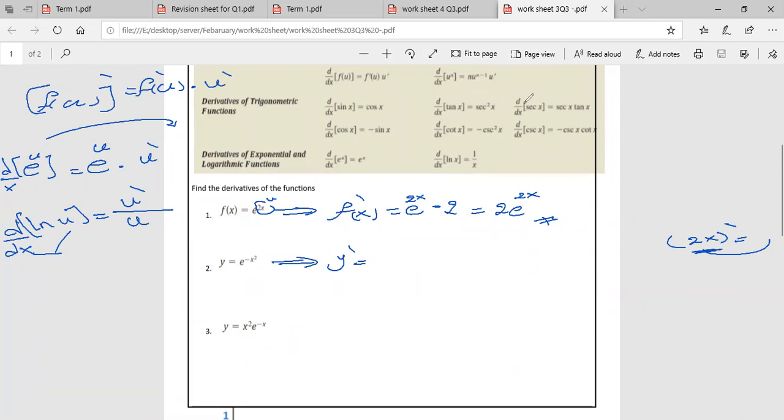Okay, Aya. Yes, Noor. It will be e to the power of negative x squared. Yes, perfect. The exponent here, okay.